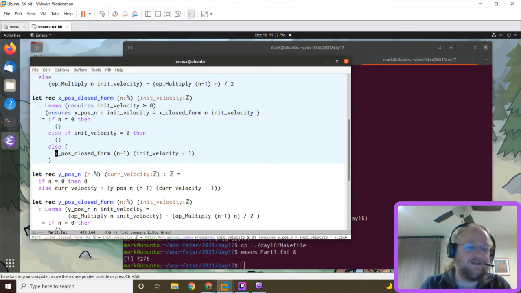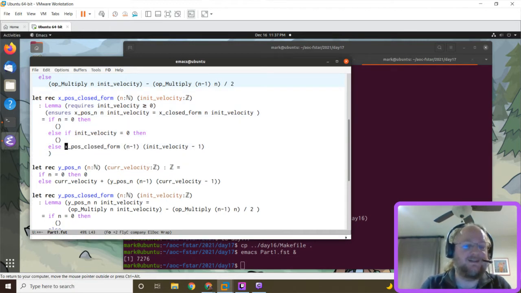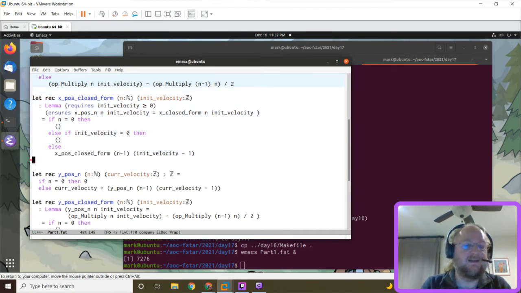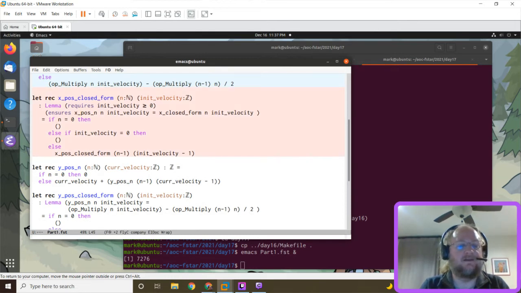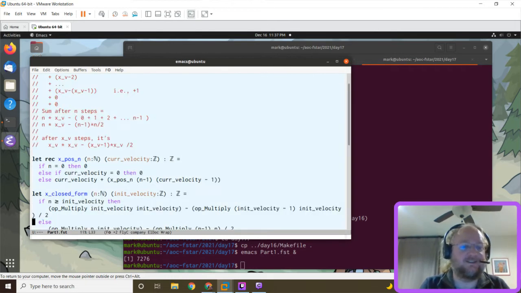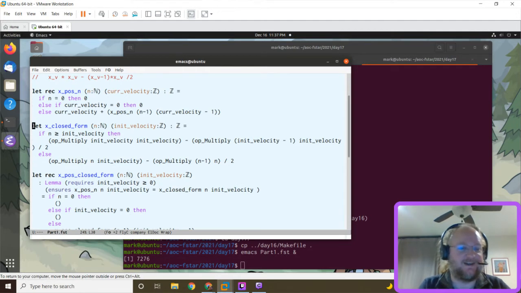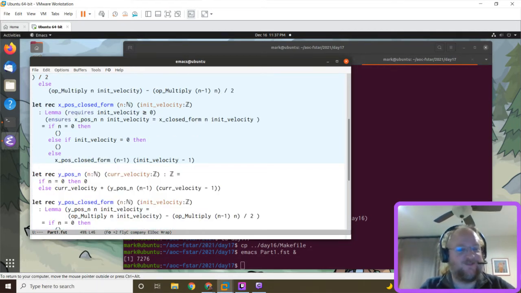All right, it turned out to be easy once we got the... All right, so it did all the complicated math and checking our cases for us, fortunately. So we've got a closed form.